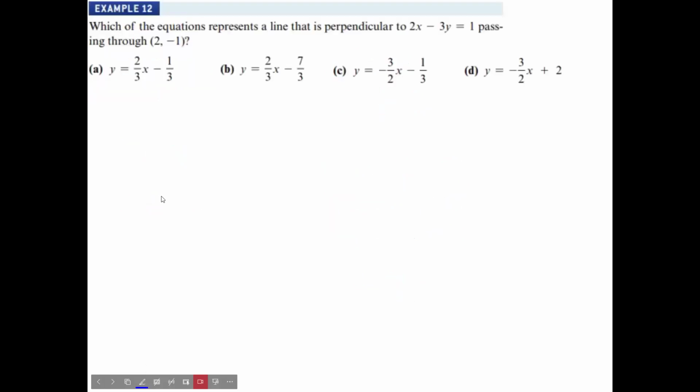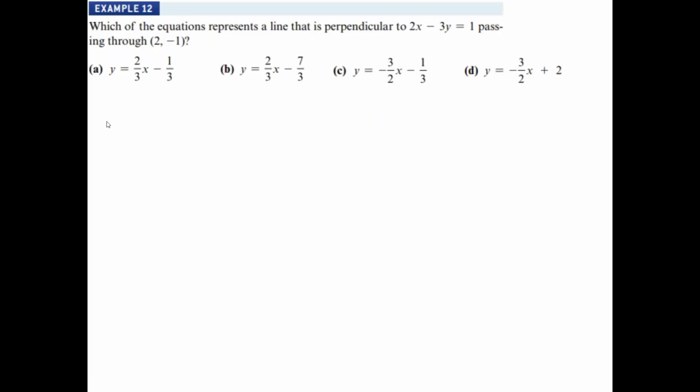Okay, let's do this one and kiss the lecture goodbye. So I have 4 functions here. My goal is to find which one is parallel, which one is perpendicular to that given thing, right? Which line is perpendicular to the line passing through minus 2, 1.